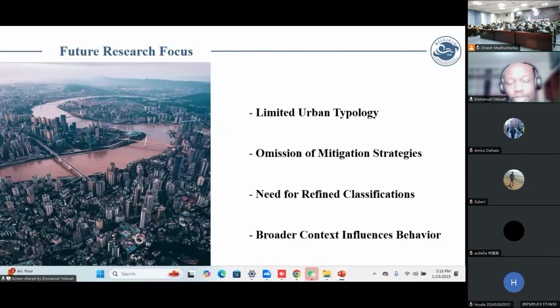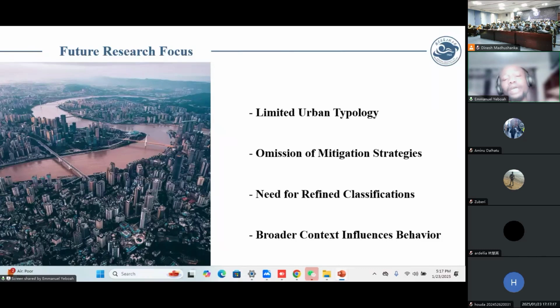So what should future researchers look at? There is a need for refinement of this classification, where future research should focus on incorporating more refined classifications of urban topologies and actively including mitigation factors to enhance the understanding of UHI dynamics across urban forms and climatic contexts.